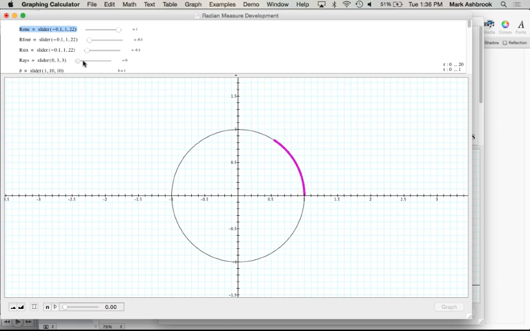And I can continue, starting from the positive x-axis there, to lay radius lengths on the circle, okay? So starting here at 0, this represents 1 radius length here.